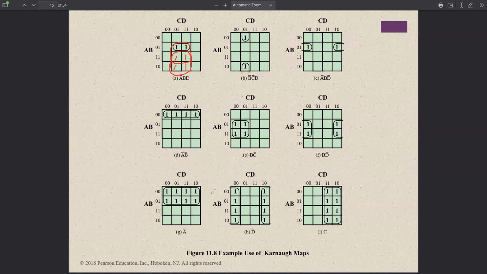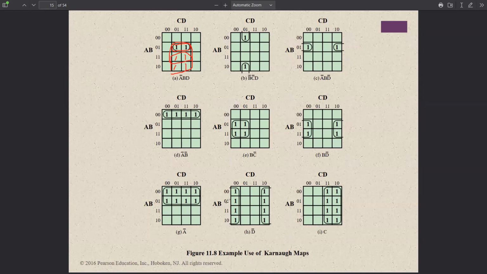And another thing, since this is already circled, you can circle this as well, right? That means the whole set, all the ones, are circled. But the problem is this has only two elements, but you can circle it using 4, right? So you need to maximize the group size as well.